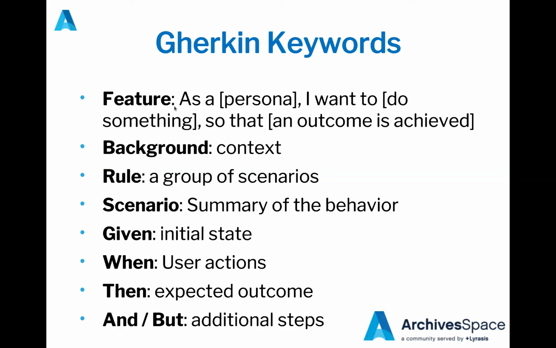This feature description is preferably in the form that we already know: as a persona or as a member of a specific user group, I want to perform an action on the system UI usually, so that an outcome is achieved, a result is fulfilled.